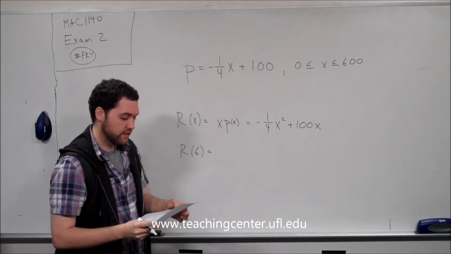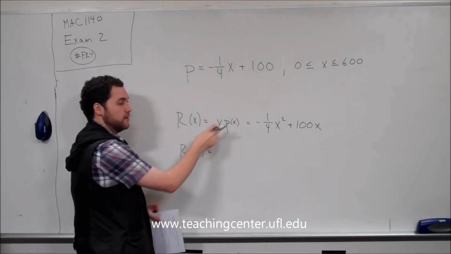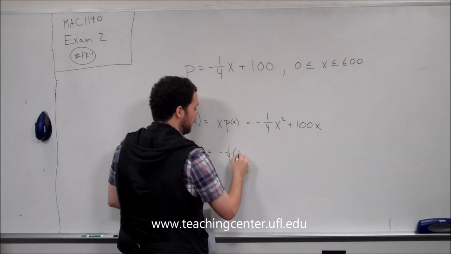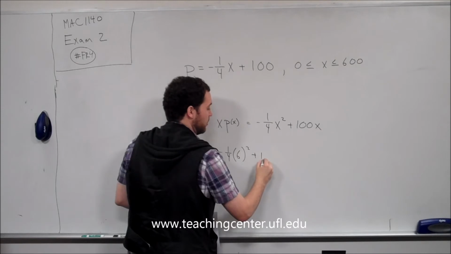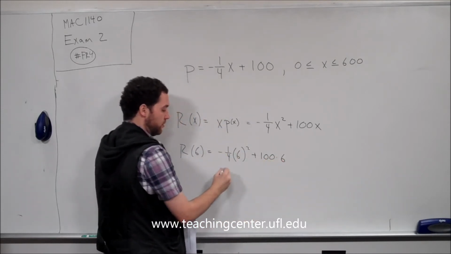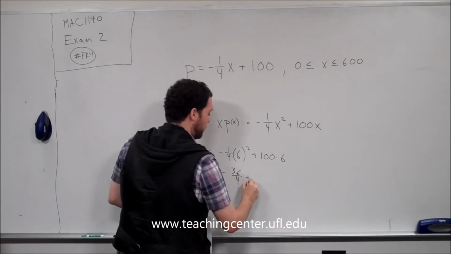Then the second part just says, what is the revenue if 6 units are sold? So that means you just take 6 and plug it into this equation right here. So you get negative 1/4 times 6 squared plus 100 times 6. 6 squared is 36, so this is just going to be negative 36 over 4 plus 600.